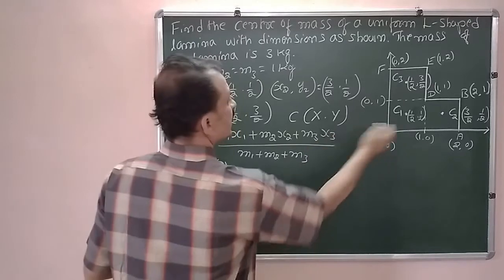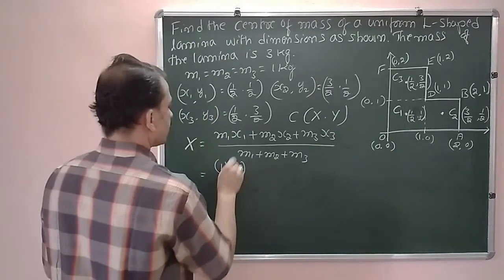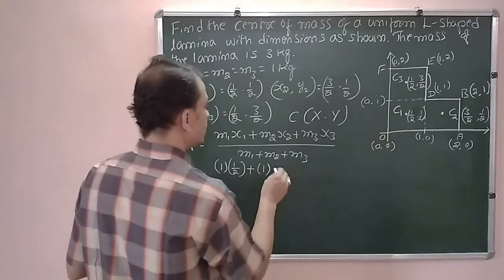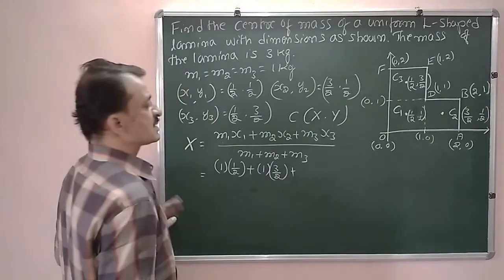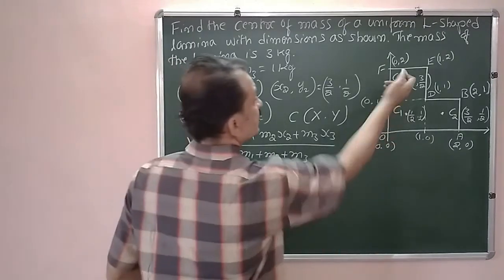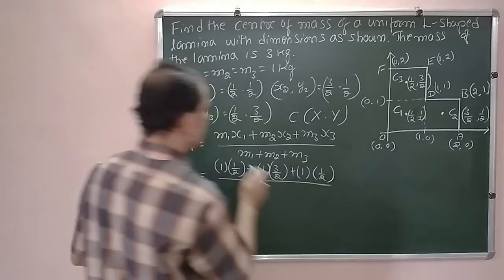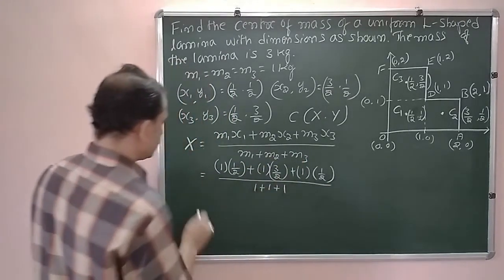What is x1 here? x1 is half, plus m2 1 kg. What is x2? 3 by 2. Plus m3, which is 1 once again, x3 is 1 by 2, divided by m1 plus m2 plus m3, that is 1 plus 1 plus 1.